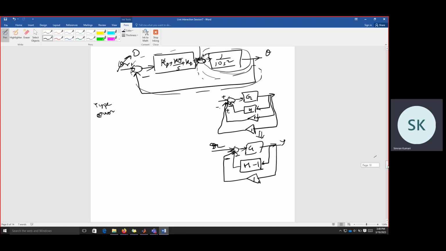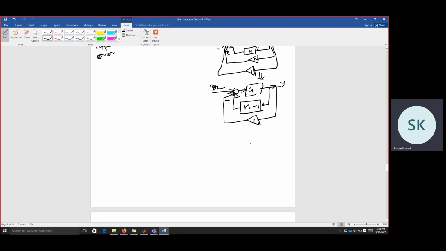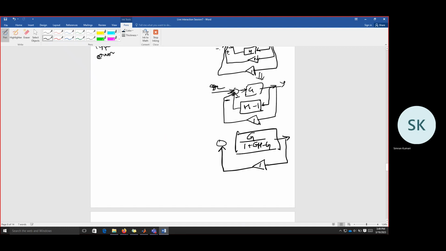So now we can simplify this. We can say, okay, G by 1 plus GH minus G. This is a transfer function. And we have 1 in feedback. Okay.